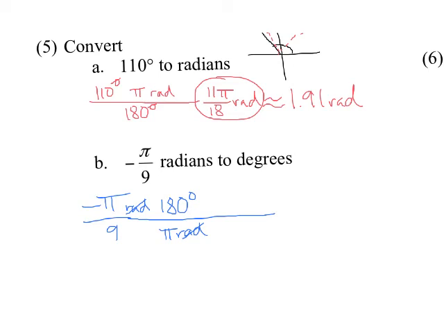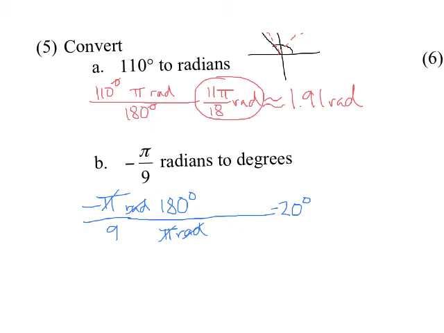And in fact, the pi value cancels out on top and bottom, and so pi and pi can be reduced, and so I end up with negative 180 degrees divided by 9. Negative 180 divided by 9 works out nicely to 20 degrees, negative 20 degrees, that is.